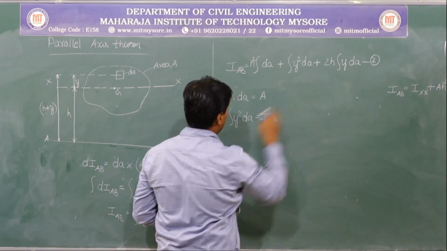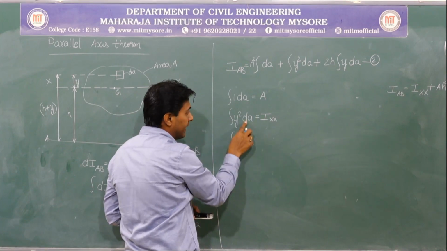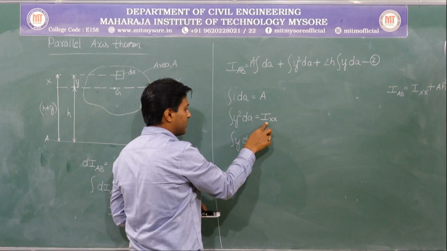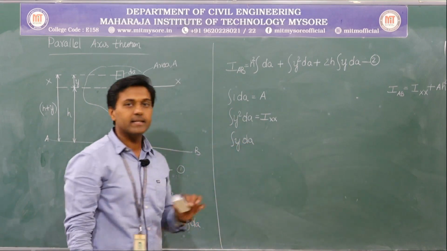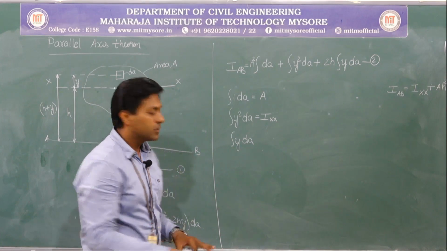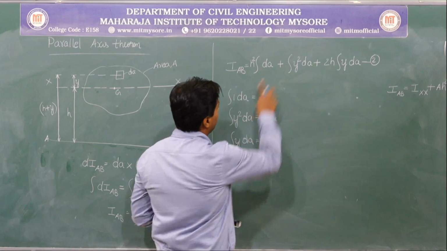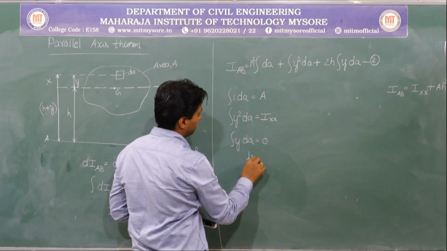Done. Next, the integral of y into dA. Area into distance is the first moment, which gives the centroid. But as we are dealing with the moment of inertia about the centroidal axis, the centroid distance I will take as 0. So from equation 2, what happens?